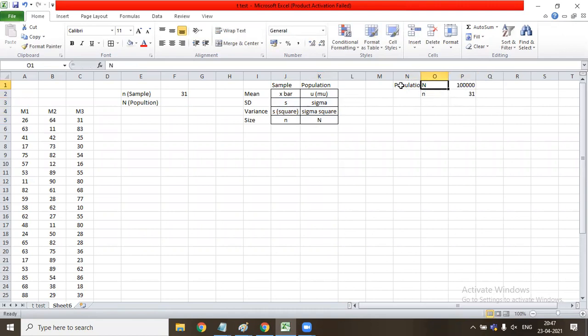So the mean of this capital N 1 lakh will be denoted by mu. The standard deviation of this 1 lakh will be denoted as sigma, variance sigma square, and this is known as capital N. On a similar note, the mean of small n is denoted by x bar, standard deviation is small s, variance s square, and this is small n.